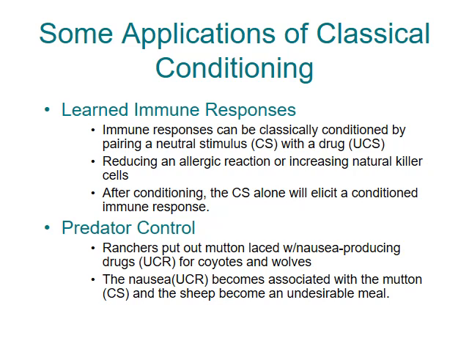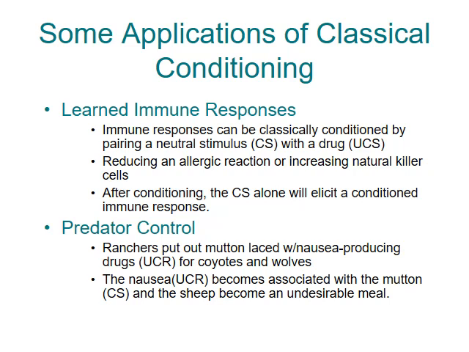We see this again in learned immune response and predator control. Predator control is probably the more important one of the two to know. This happens in Africa, out west, anywhere we're trying to control predatory species that may be coming onto farmland. Out west, we have coyotes and wolves. They will actually put out sheep meat or mutton and lace it with a nausea-producing drug.